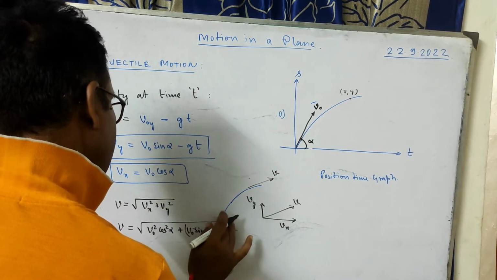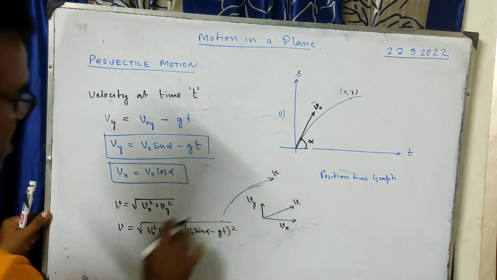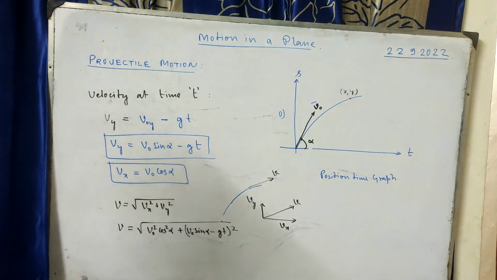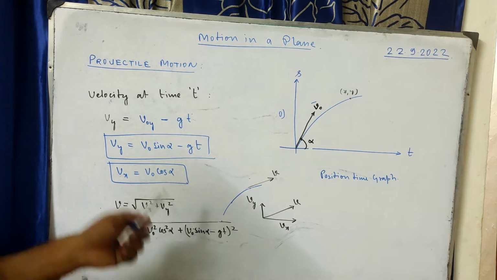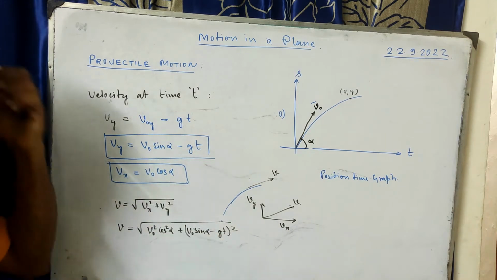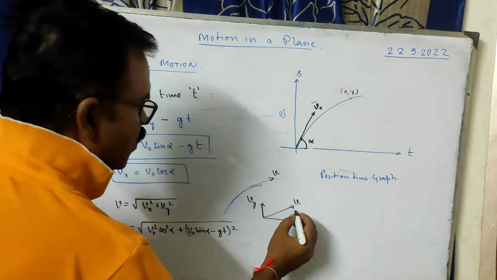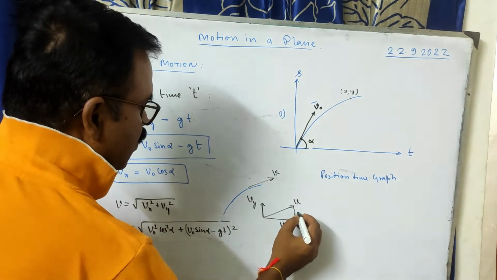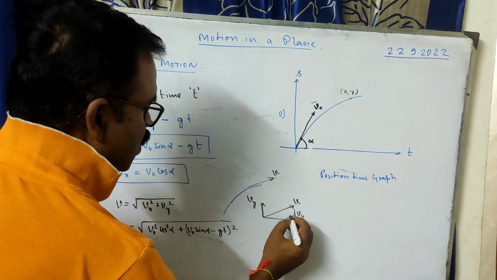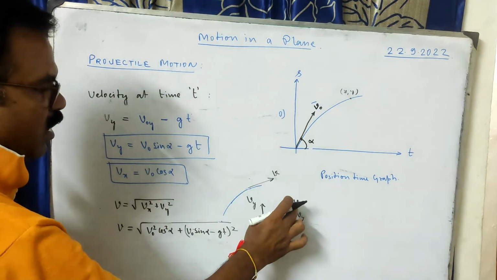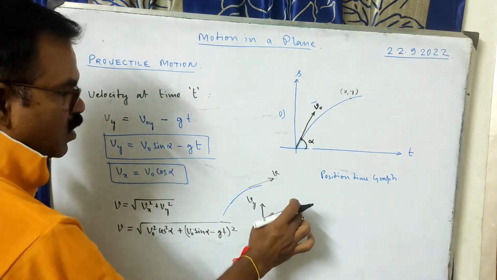This is the magnitude of my velocity at any time t. This is Vx square plus Vy square. Use Pythagoras theorem, that will give you the magnitude: the square of this plus the square of this.